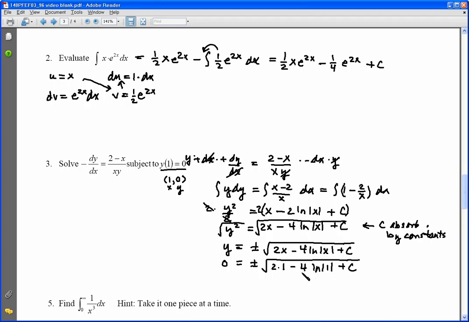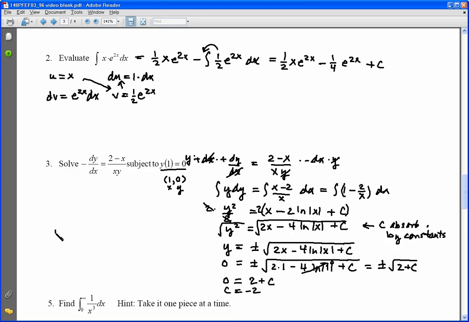Log of 1 is 0, so this all zeroes out, and so this is equal to plus or minus square root 2 plus c. So if we square both sides, we get 0 equals 2 plus c. Because if it's a positive or a negative, you square it, you're going to get rid of the negative. Two negatives make a positive, two positives make a positive, and then you'll get rid of the square root. So bring this over, then c equals negative 2.